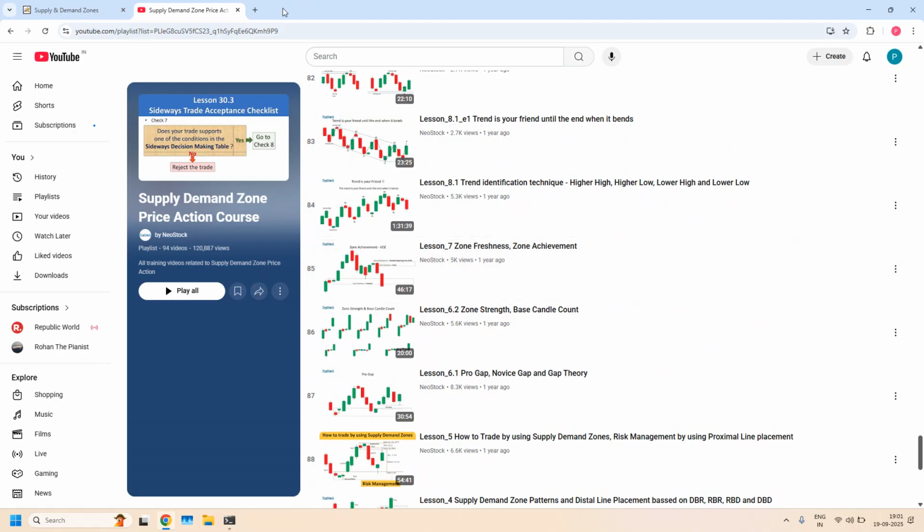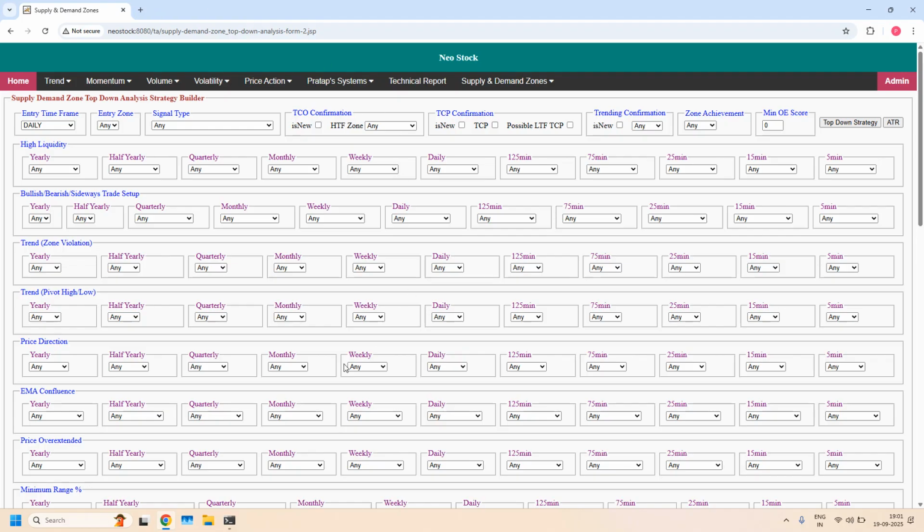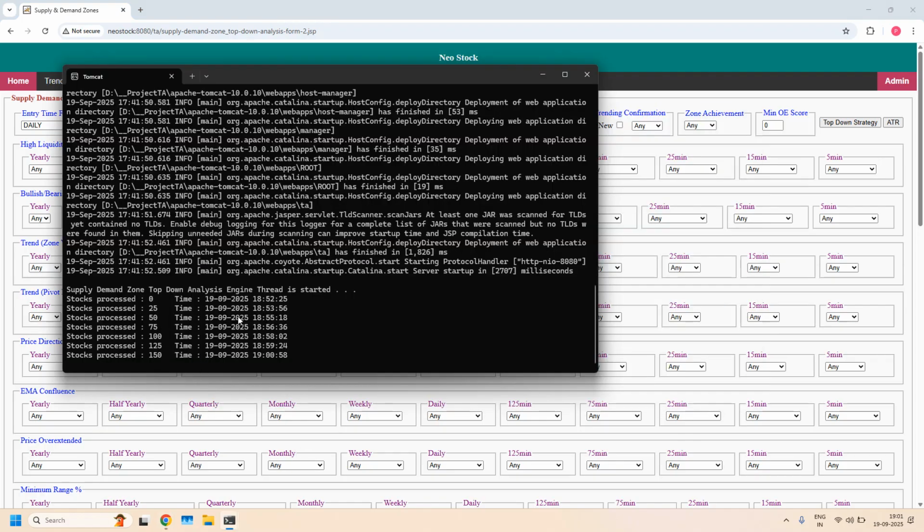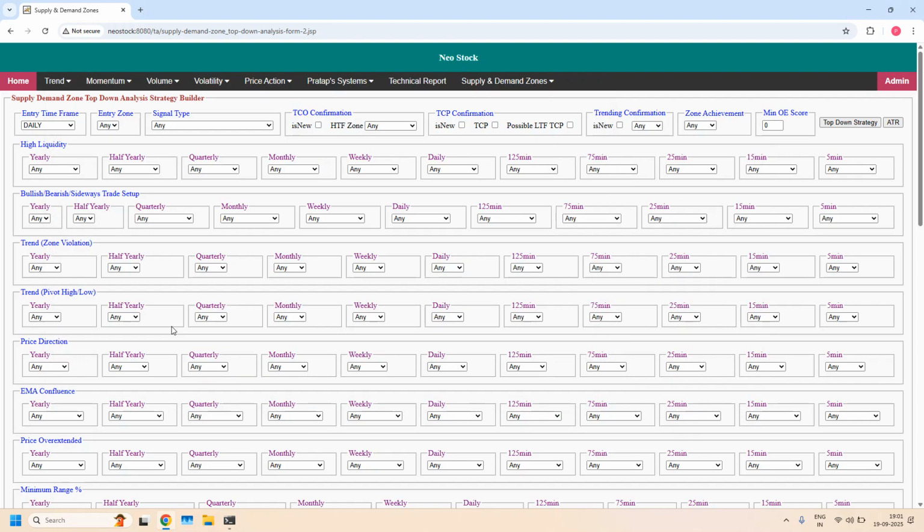Okay, now I am going to generate different supply demand zone reports with the help of NeoStock software, and currently data is under processing. So finding the stocks near demand and supply zones and bullish and bearish trade setups, this data processing should complete, but NIFTY and BANKNIFTY supply demand zone chain, this processing is not required because they have an independent process.